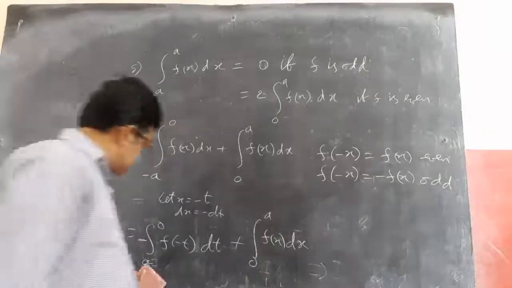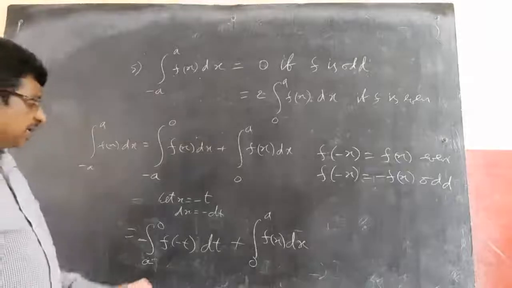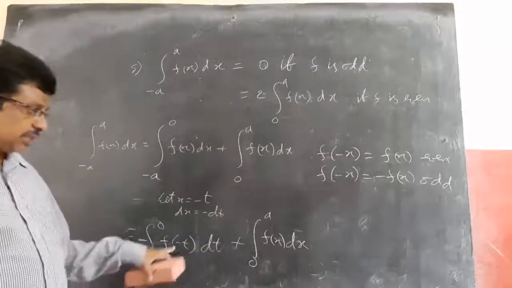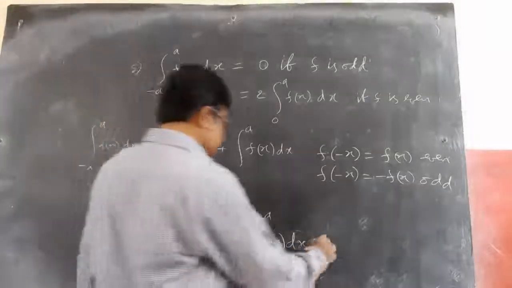Now coming to the picture, if f is an odd function, f of minus x equal to minus f of x. I'll write one more step.